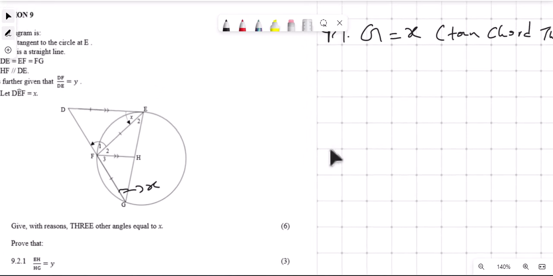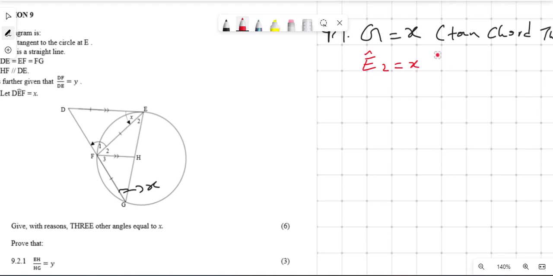Then the next one, angle E2. E2 is equal to what? x, and then give us a reason.